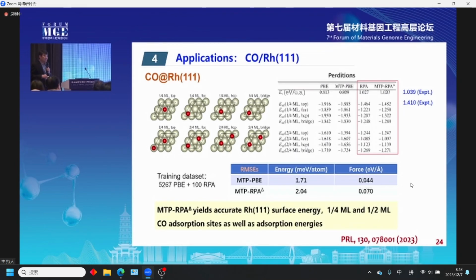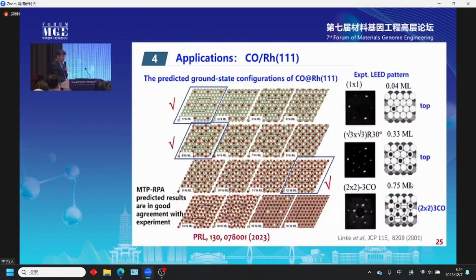We don't know the underlying physics of this kind of problem in traditional DFT calculations, but the machine learning method gives you a chance to fix these long-standing questions. And not only that, we can get the right top position for CO gas adsorption.